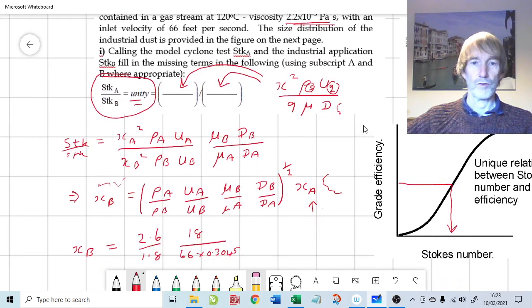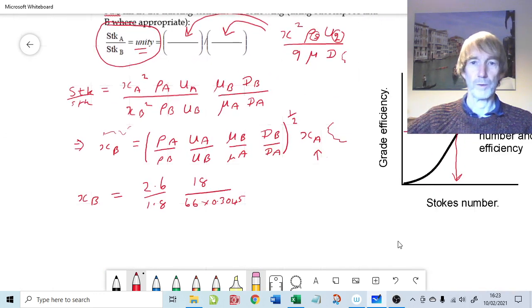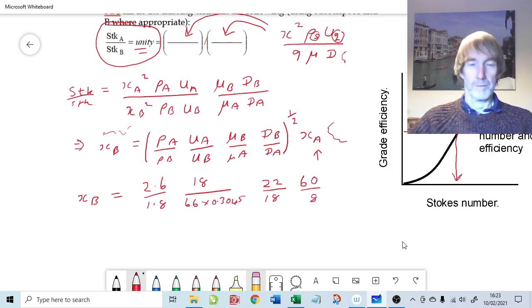So that's 2.2 over 1.8 times 10 to the minus 5, or we can just simplify that to 22 over 18. So the 10 to the minus 5 will cancel out, and then that leaves us with the diameter, which we decided was 60 inches for system B against 8 inches for system A. Okay, and obviously we need to remember to square root it.